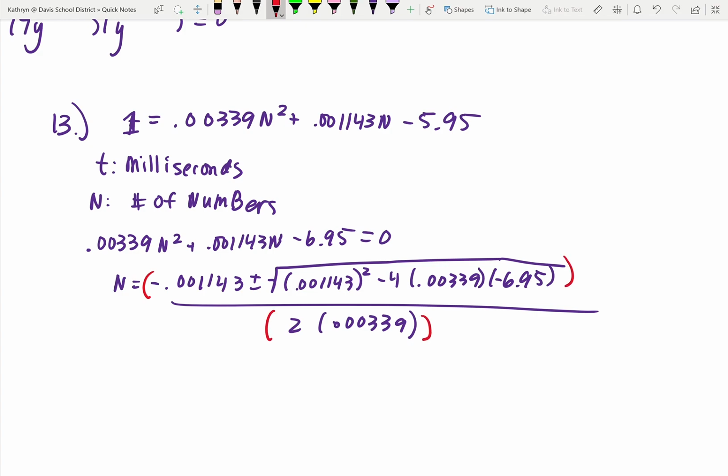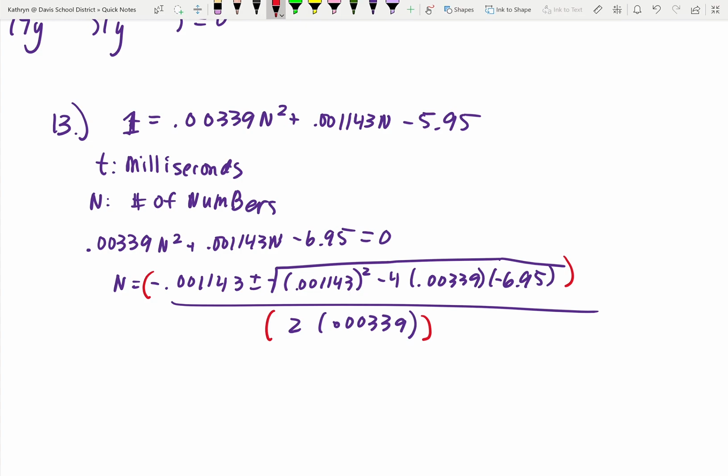I'm going to add parentheses like that. Okay, so I'm going to go parenthesis, -0.001143 plus square root, parenthesis, 0.001143, close that parenthesis, hit x squared, minus 4 parenthesis, 0.00339, close it, new parenthesis, -6.95.